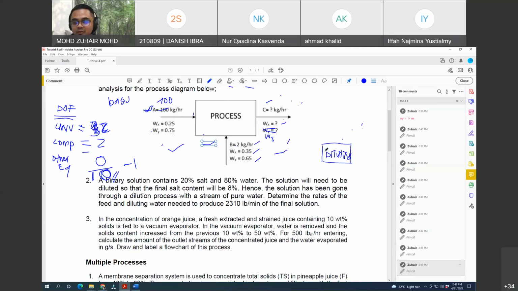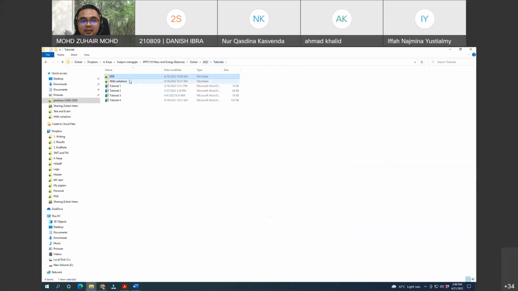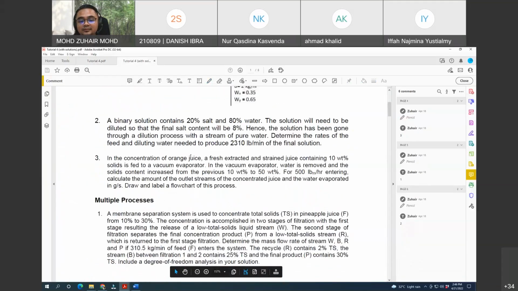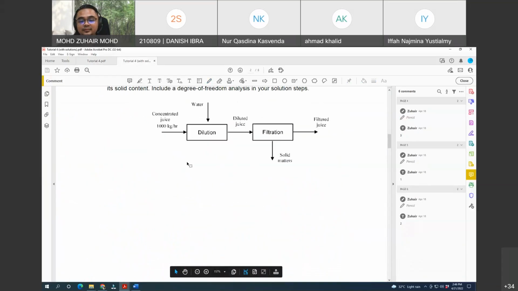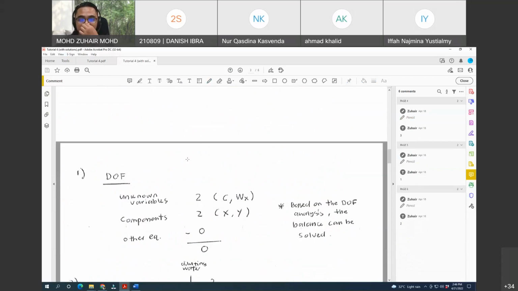Okay, the one that goes in has 20% salt. I think we just need to show you the solution, let me just give you, because I cannot write it down using this.